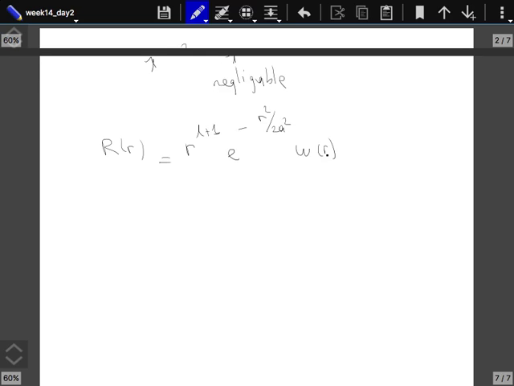Are you interested in deriving omega of r? No, it will be basically: first you obtain the differential equation for omega of r. Let me just write it down.